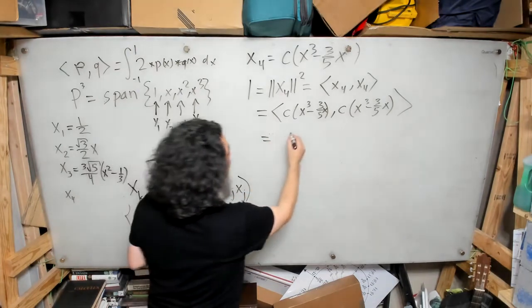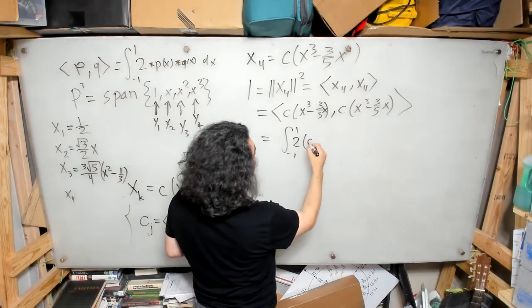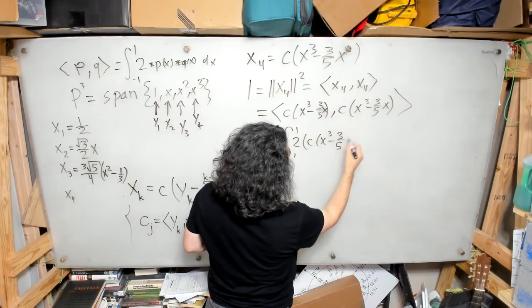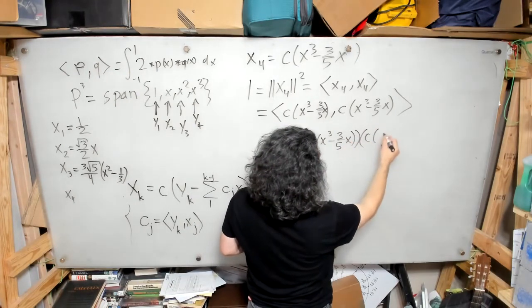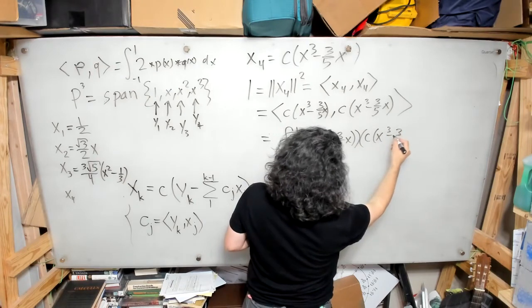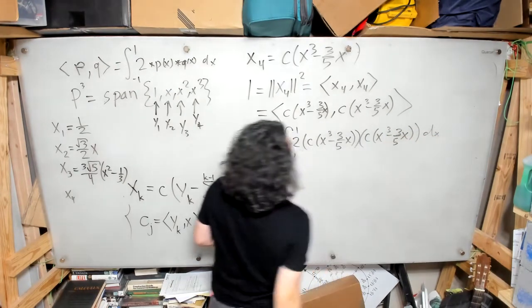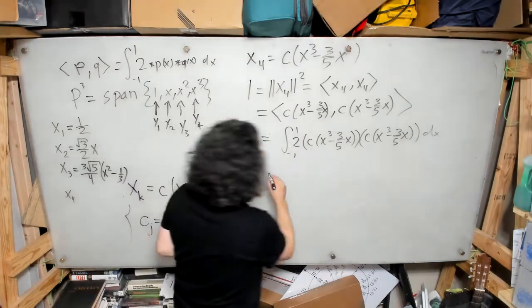Well, again, our trusty friend, the integral from -1 to 1 of 2 times our p of x, which is c times x cubed minus 3/5 x, times our q of x, which is c times x cubed minus 3/5 x, dx. Okay. I can pull out a 2c squared just as before.